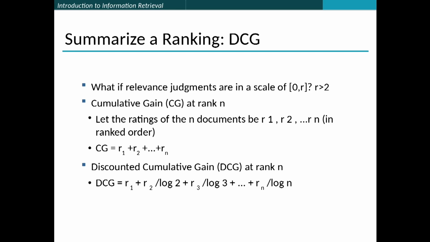If you have this value, which is between 0 and R, not only 0 and 1, what you can do is compute a cumulative gain. Assuming that the ratings of the documents are R1, R2, R3, the cumulative gain is the sum over the ranking of the documents.